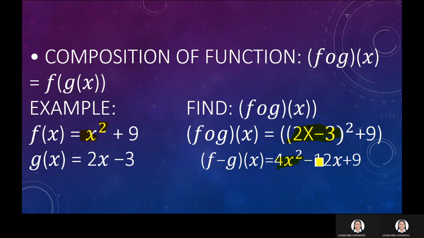Then plus, sorry, negative 3 times negative 3 is equal to positive 9. So positive 9 plus positive 9, we have 18.